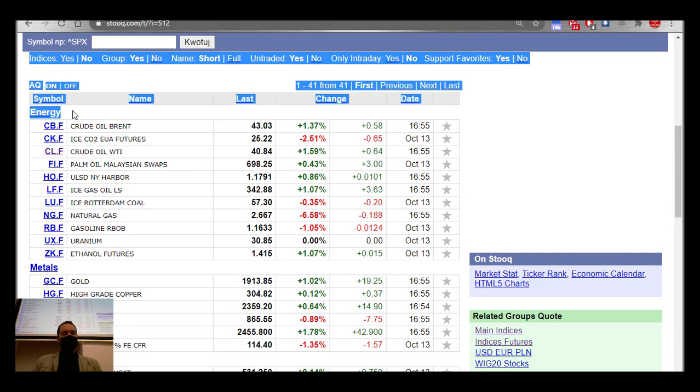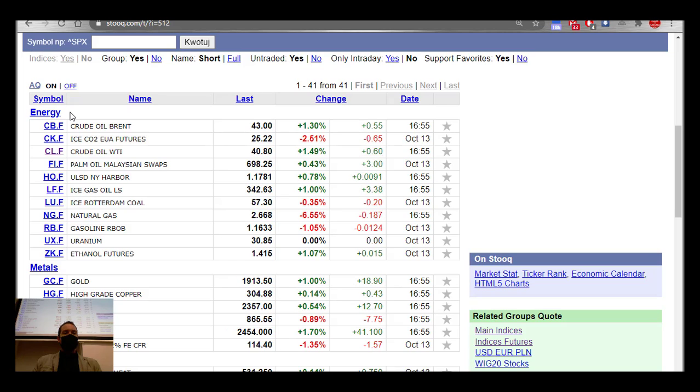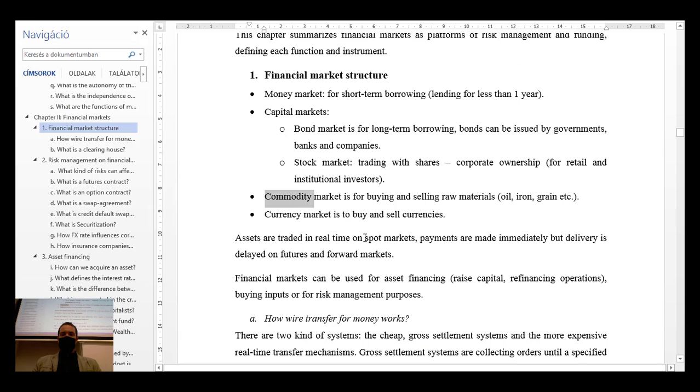So usually forward markets, or sorry, futures markets, are about commodities, because you don't want to sell a shipload of crude oil instantaneously, as you are not delivering at the same time. So first of all, we have to distinguish between two platforms.